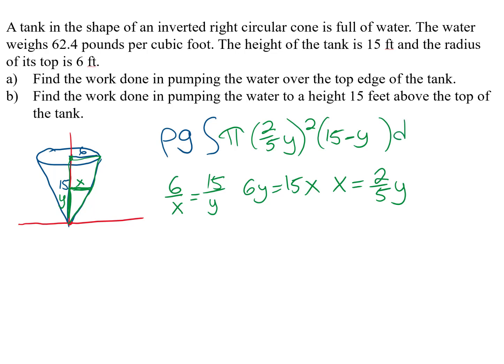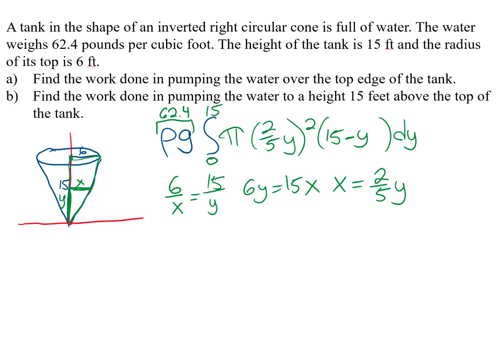And then for our pi r squared, to make that a volume, the little thickness is the dy. Now it was full, so we've got to go from 0 to 15 to add up all those little slices for that tank. And we have our water density, which is 62.4.